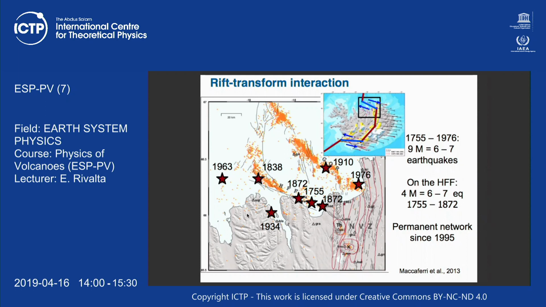And then you can read it. This is actually work of one of my ex-postdocs. We were reading a paper that described the seismicity in the 18th, 19th and 20th century, and there was written just this sentence, anecdotal accounts from people explained that actually seismicity was very, very intense before the Krafla fires, and then these dikes acted as a cooling for the earthquakes.